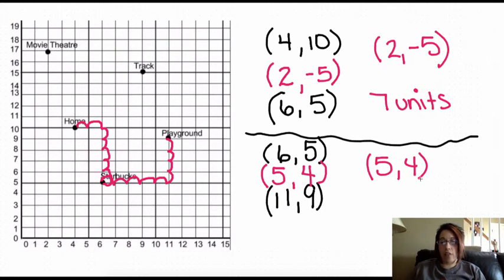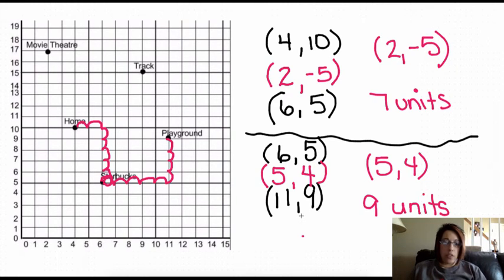So 5 plus 4 is 9. That means our trip was 9 units long. If we check this out, we can go 1, 2, 3, 4, 5, 6, 7, 8, 9, and it checks out.